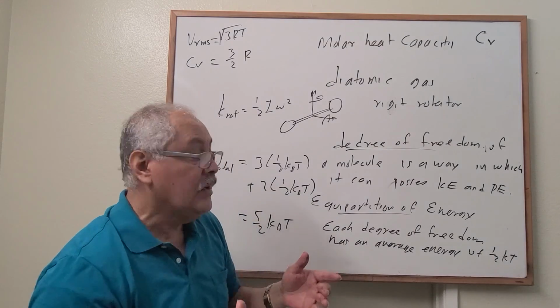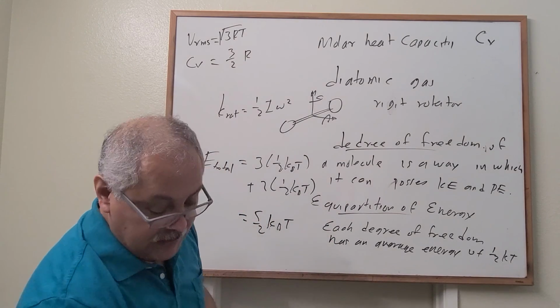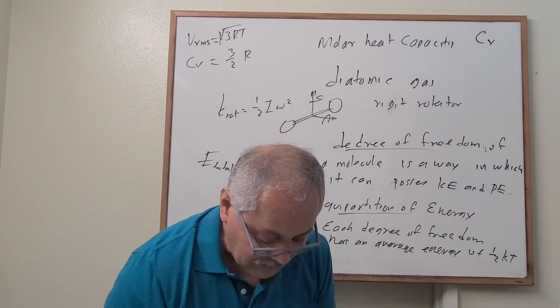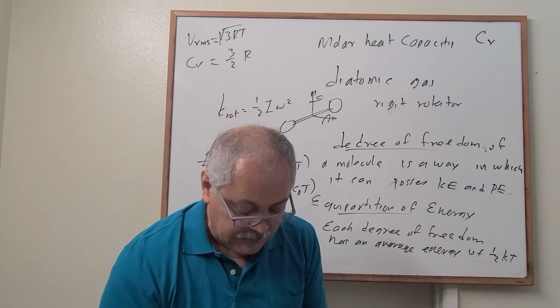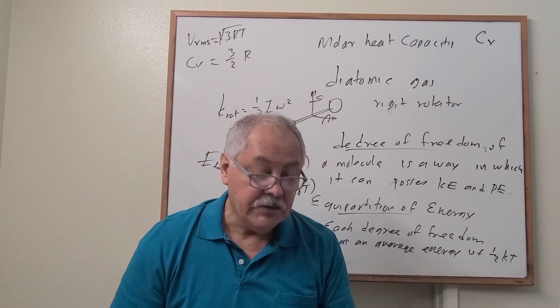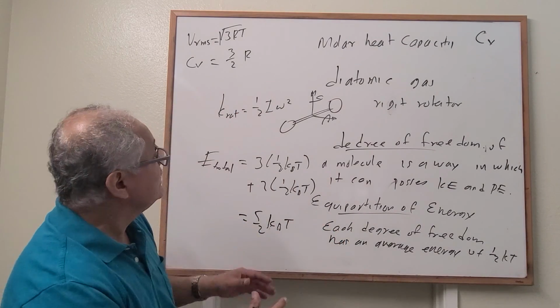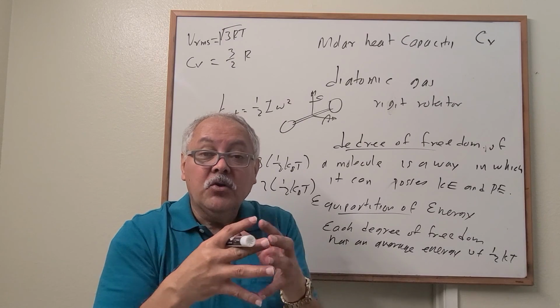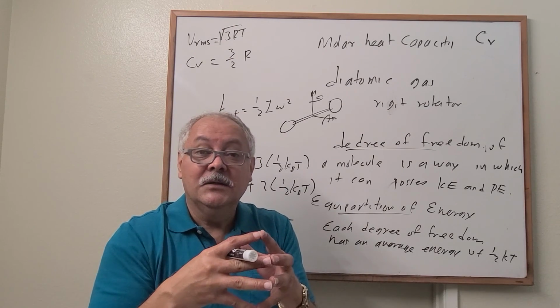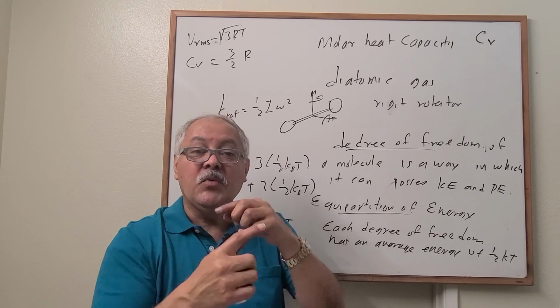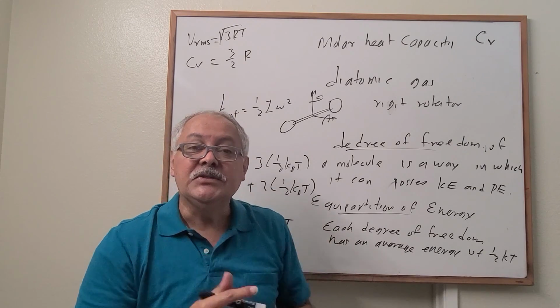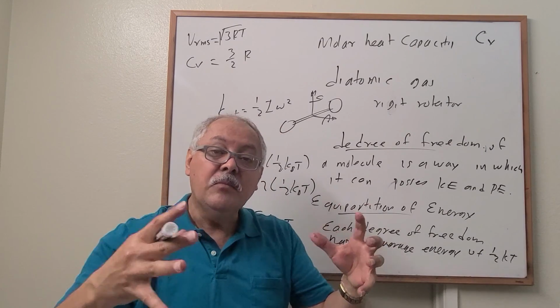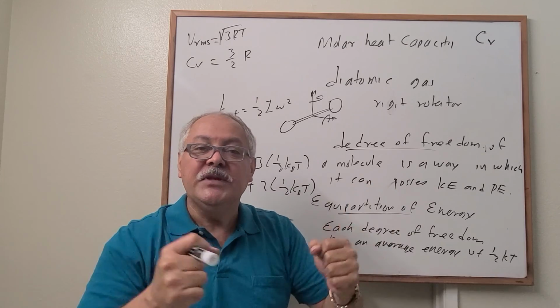This is happening, for example, if we have a diatomic molecule, let's say hydrogen. When the temperature is not so high, this molecule behaves as only one particle. But if the temperature increases, now rotation must be taken into account. If the temperature increases even more, now we have vibration to be taken into account.